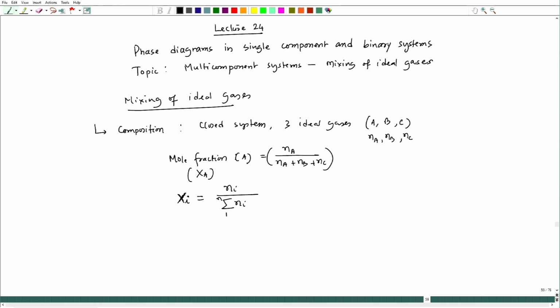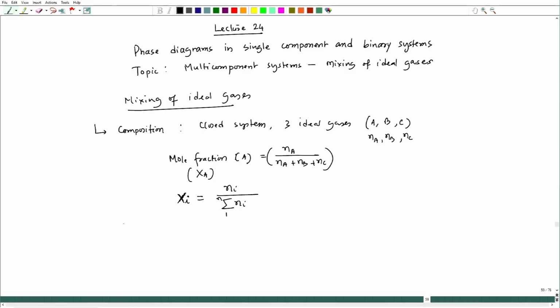Once we know the mole fraction, then let us say these 3 gases are there, and each gas will have some contribution to the total pressure of the system, since we have considered a closed system. We have a particular law called Dalton's law of partial pressure.